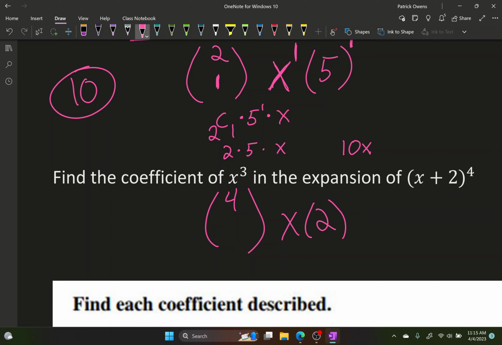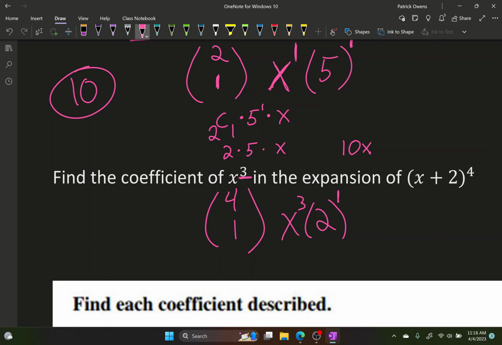We are looking for our coefficient of x to the third. So we put x cubed as our exponent. And then that means that our exponent of 2 needs to be 1 because those two exponents need to add up to 4. Our k value is just going to be 1.